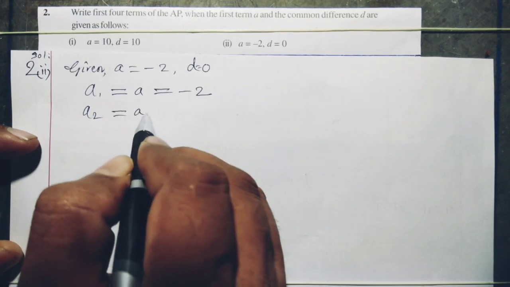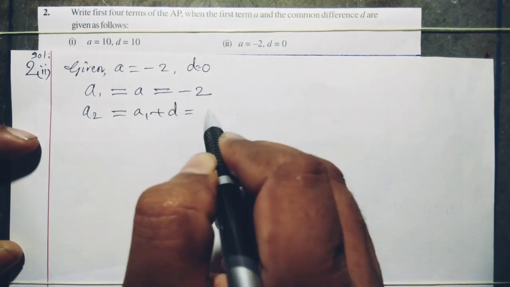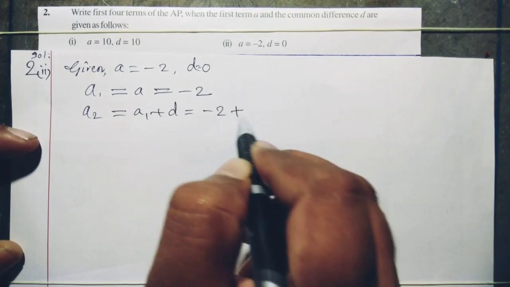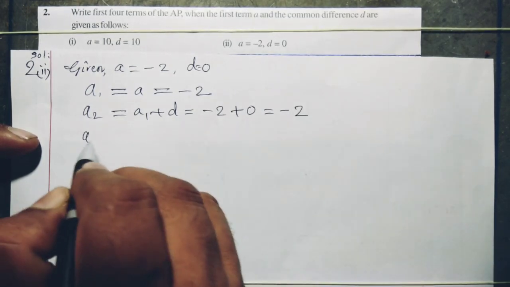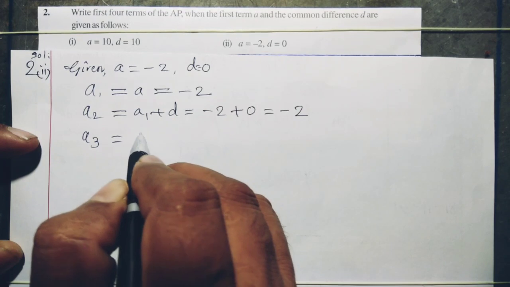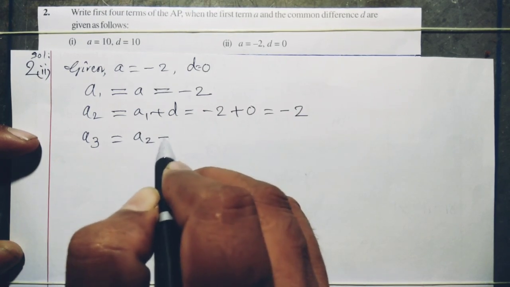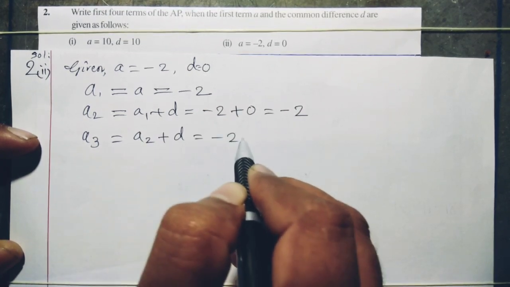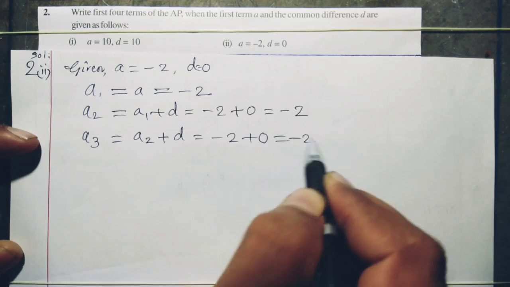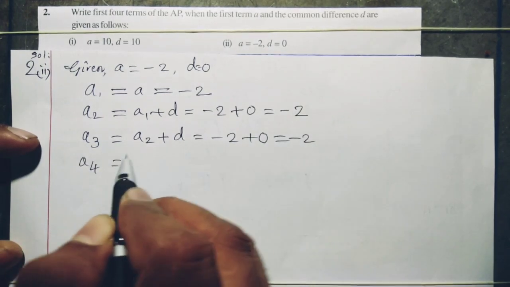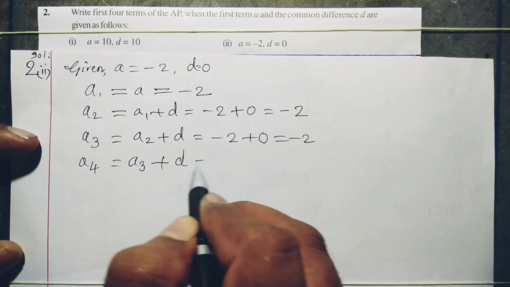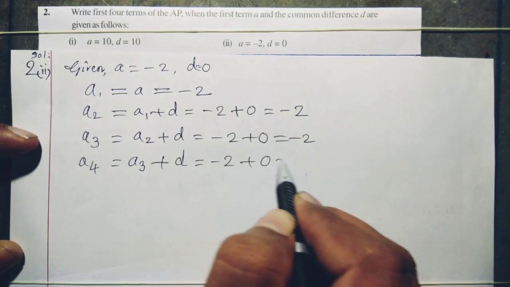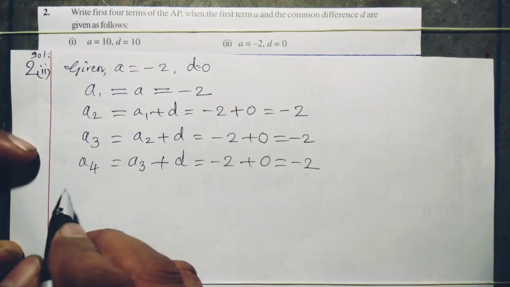A2 is equal to A1 plus D, minus 2 plus 0, minus 2 only. A3 is equal to A2 plus D, minus 2 plus 0 is equal to minus 2 only. A4 is equal to A3 plus D, minus 2 plus 0 is equal to minus 2 only.